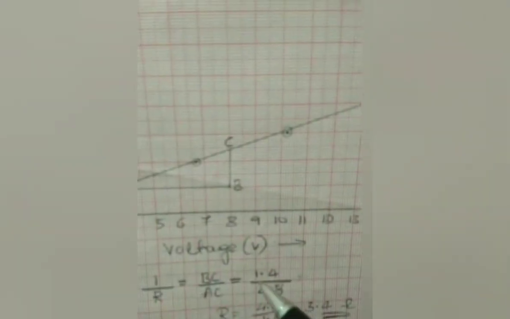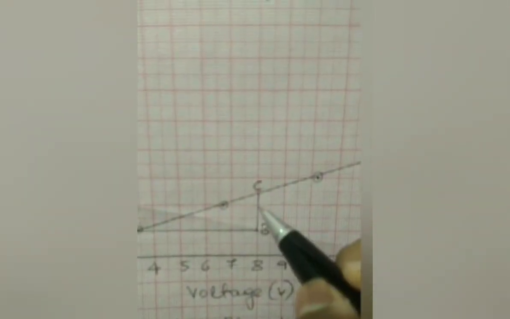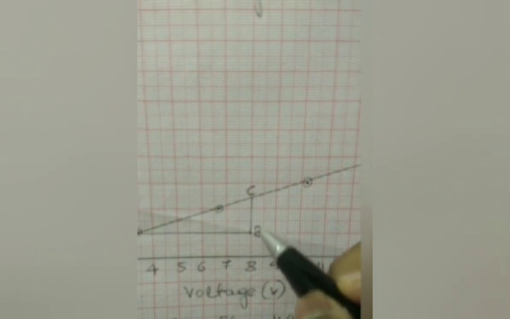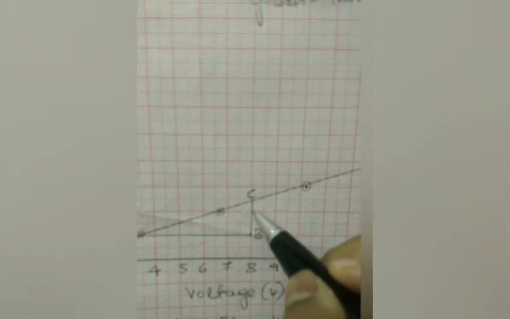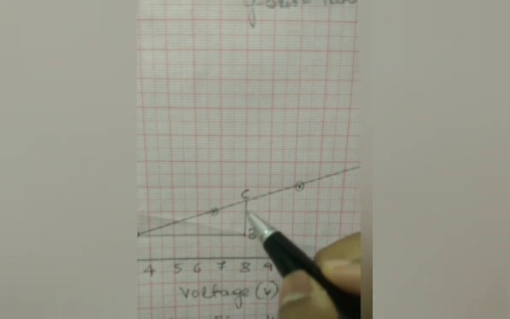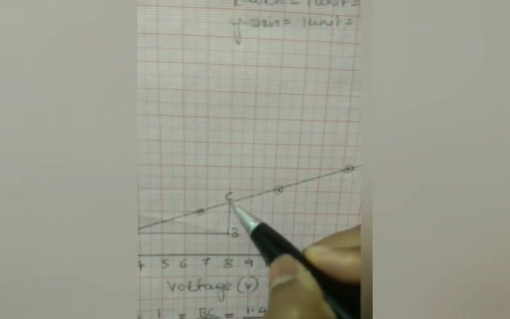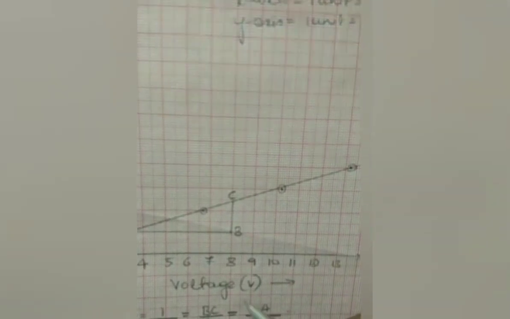What we have is BC. See, in BC what I have taken is 1.4, right? From here to here, 1 unit is nothing but 1. These are the decimals, 0.1 like that. So count till here, where the line has passed: 1.1, 1.2, 1.3, 1.4. In such a way, we get 1.4. That is the BC value.